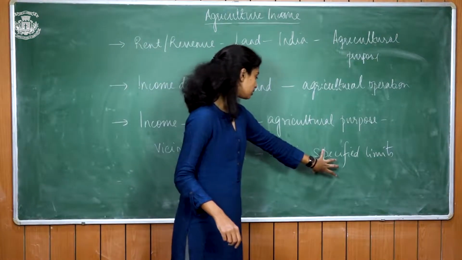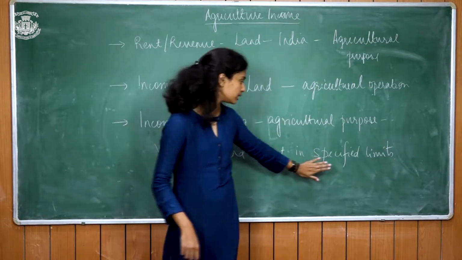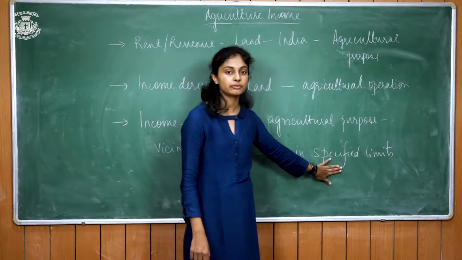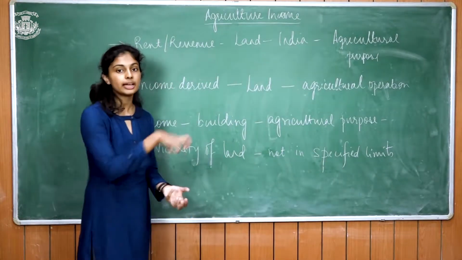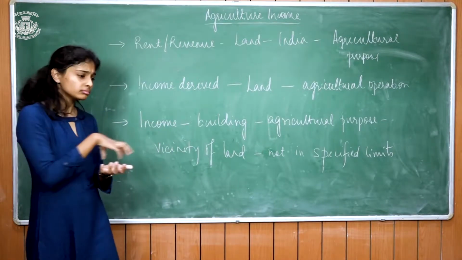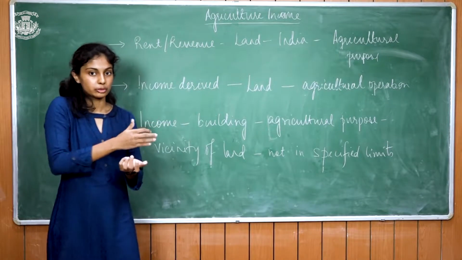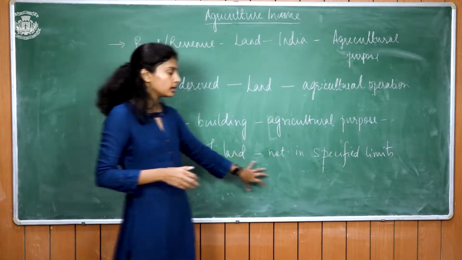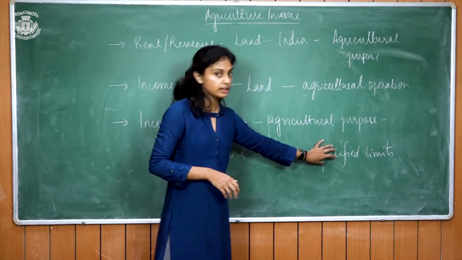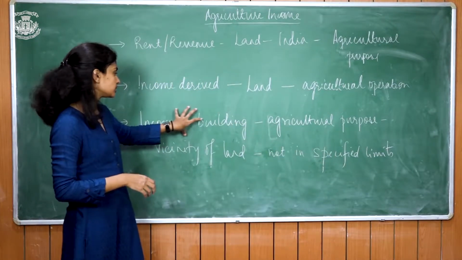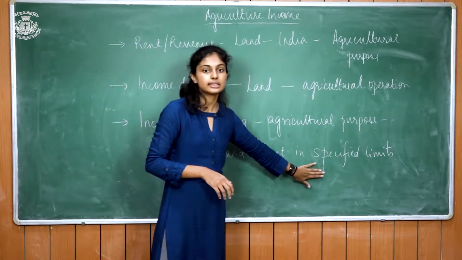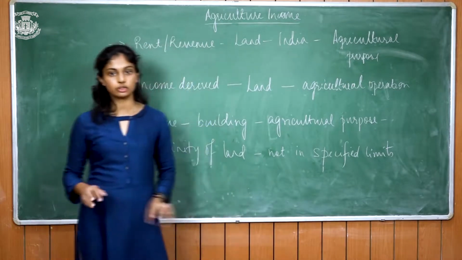And such a building should not be situated within any specified limit. The Act specifies certain jurisdictions from the municipal limits which are considered specified areas. If such a building is situated in such specified areas, then such income will not be considered agricultural income.